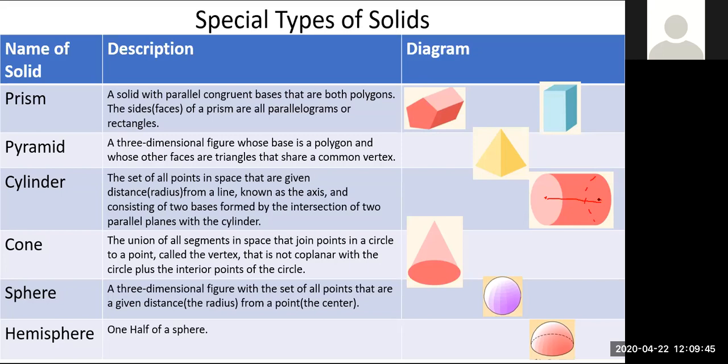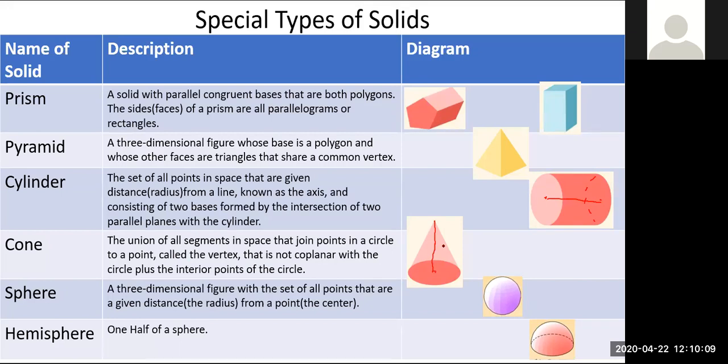So every point equal distance from that axis is going to be the points that make up a cylinder. A cone is similar to a cylinder. It has a round circular bottom, and it too has an axis that extends from the vertex down to the base.